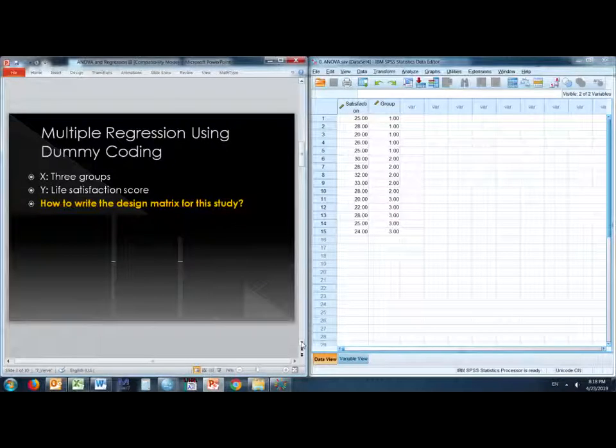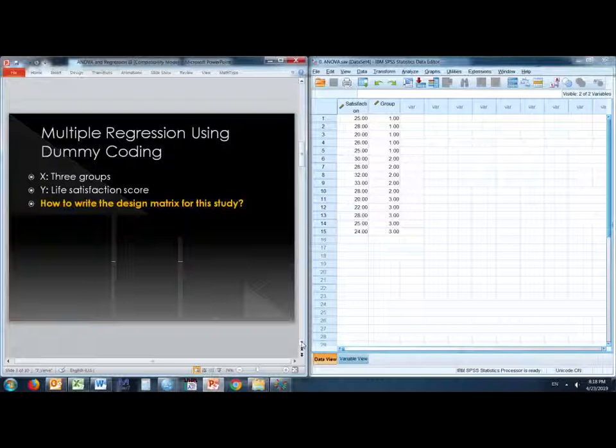Then we can move to regression. For regression, we do need to create the dummy code in order to indicate the membership. The x variable is 3 groups, and the y variable is life satisfaction score.